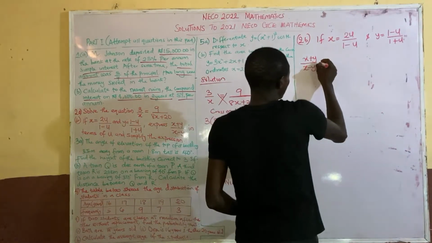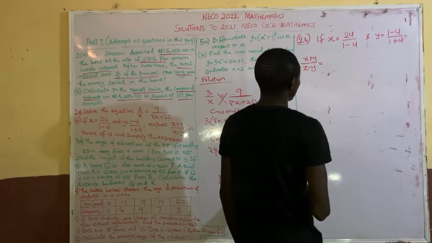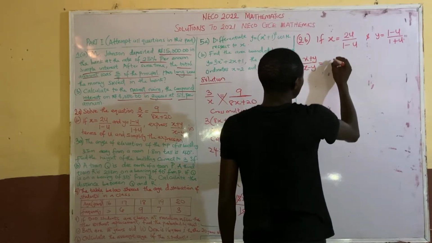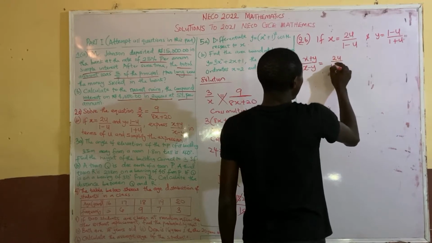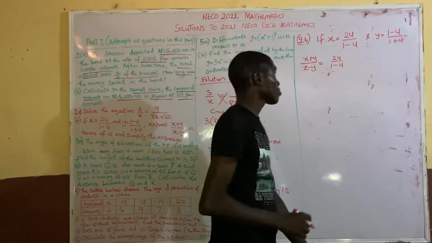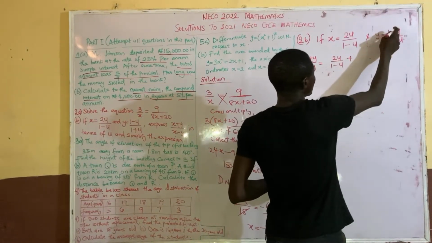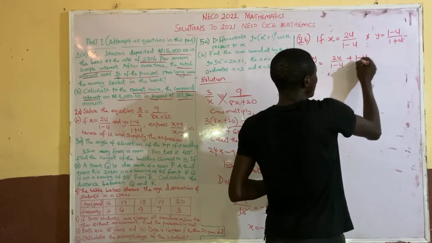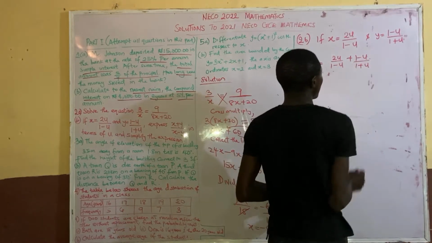Just write it in such a way that we have, what's your x? X is 2u all over 1 minus u. That's your x, plus your y, 1 minus u all over 1 plus u. That is your y.